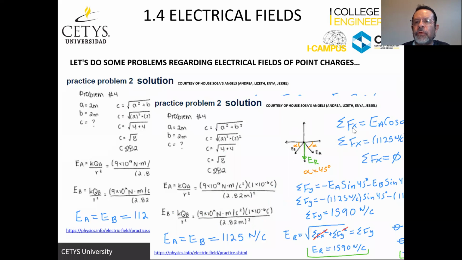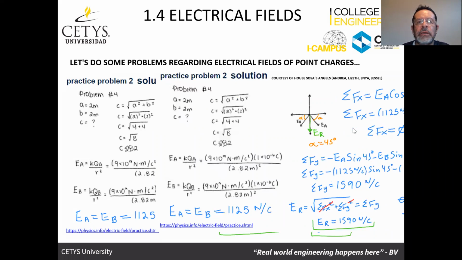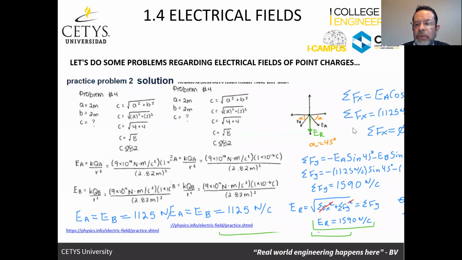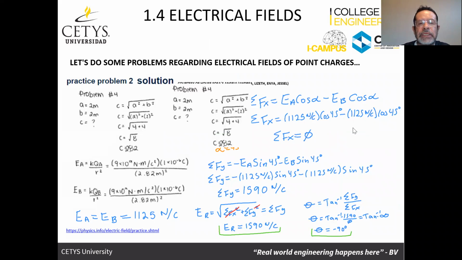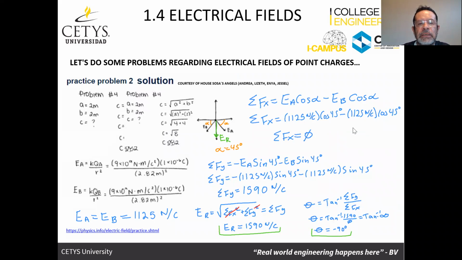For problem number 4, now the charge is located in another part in space where it's not necessarily aligned with any of the axes. Okay, and so in that sense, we have to consider that situation.